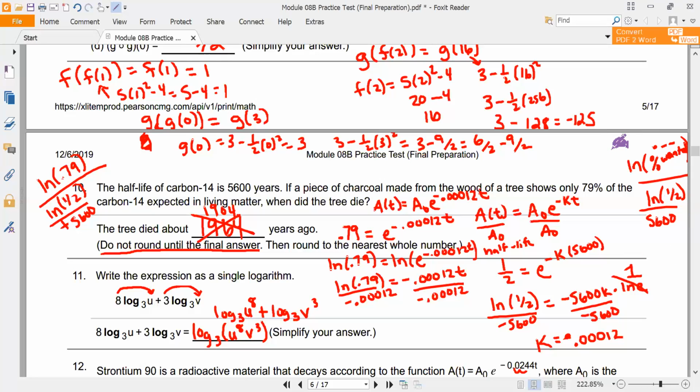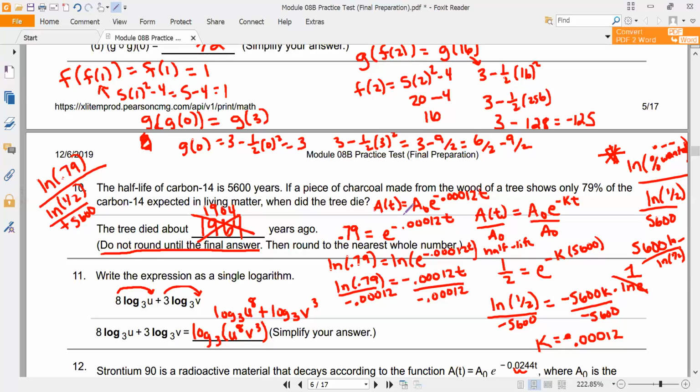This is a generic formula for how to do this specific problem without having to do any rounding in the middle. What I did to type it into the calculator to make it work is I multiplied the top and bottom both by 5,600. So that means the number of years your half-life is times the natural log of that top number divided by the natural log of 1/2.